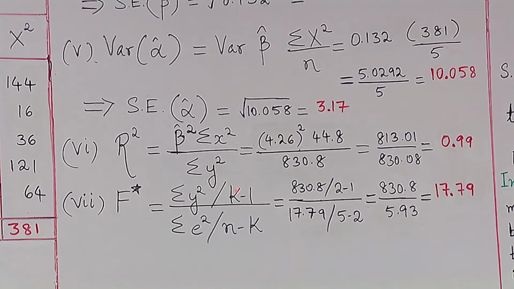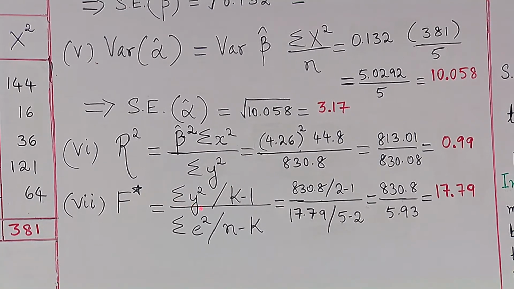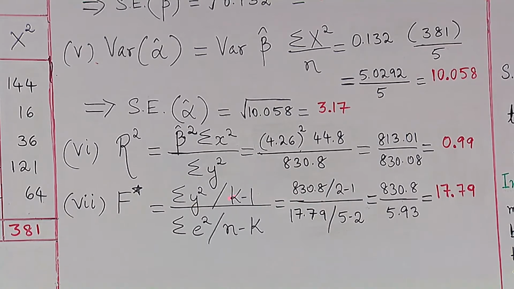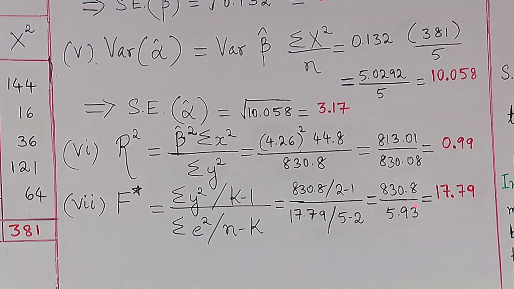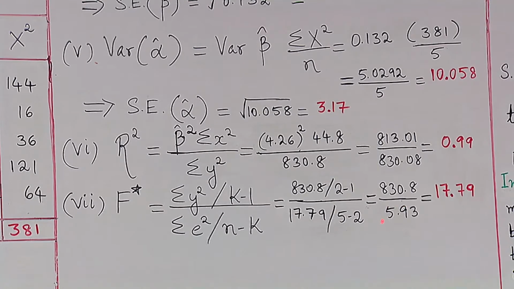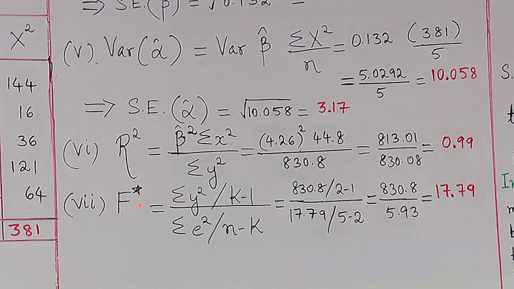The remaining things, as we did earlier, you have to substitute: sigma small y square 830.8 and sigma e square 17.79. On computation you get 830.8 by 5.93 and the result is 140.10. So, this 140.10 is the F statistic calculated value for this study.